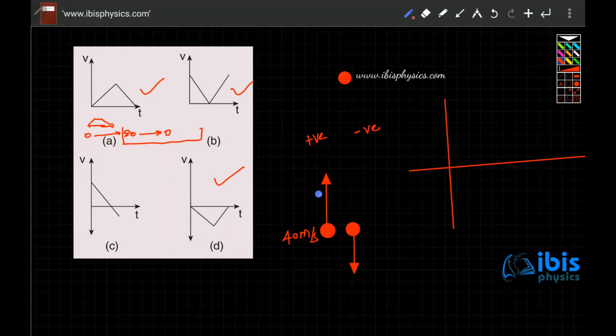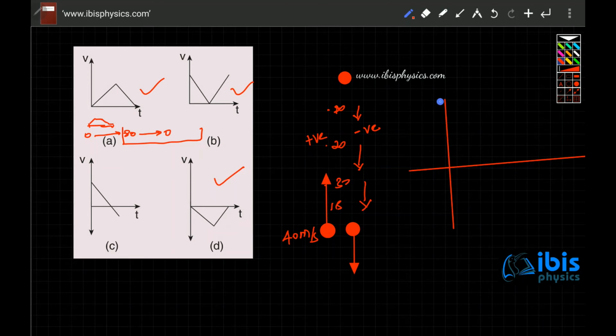That means every second the velocity will decrease by 10. From 40, after 1 second it becomes 30. After one more second it becomes 20. After one more second it becomes 10, and then finally it is 0. Now during the downward journey, velocity is 10 downwards, next one more second 20 downwards, next 30 downwards, and then finally 40 downwards.